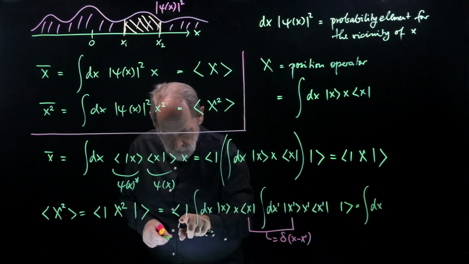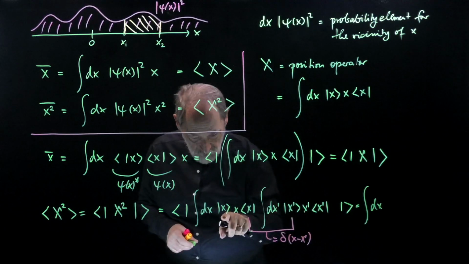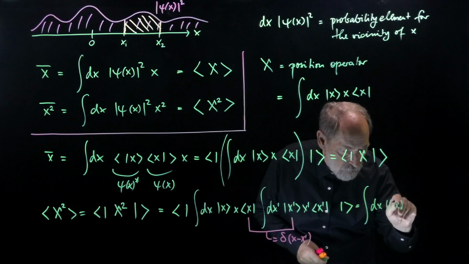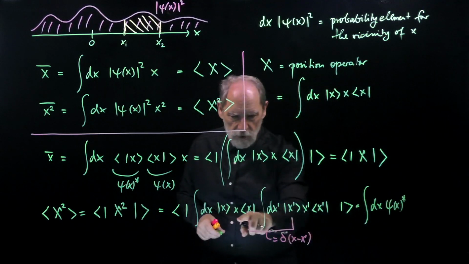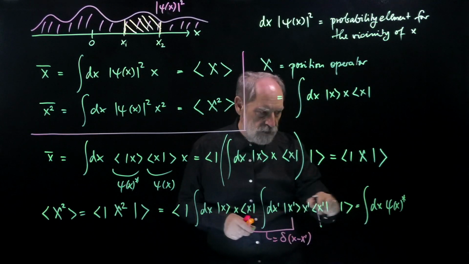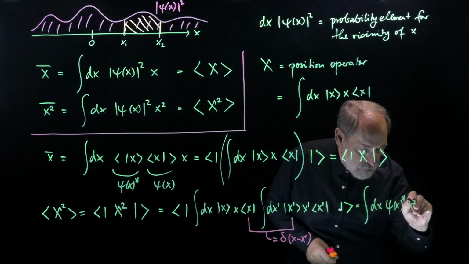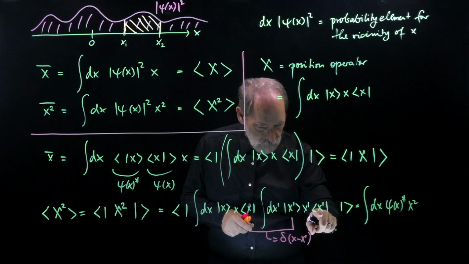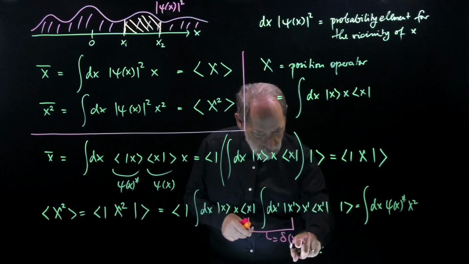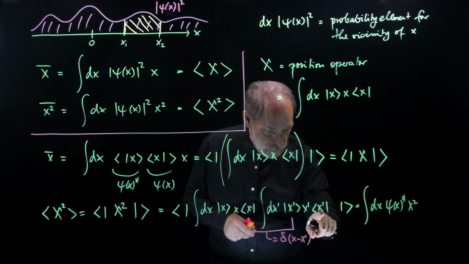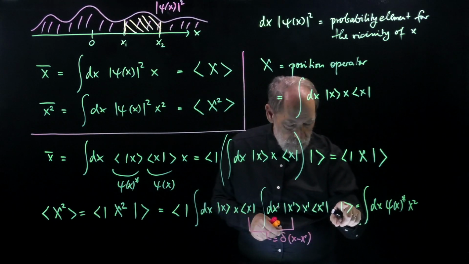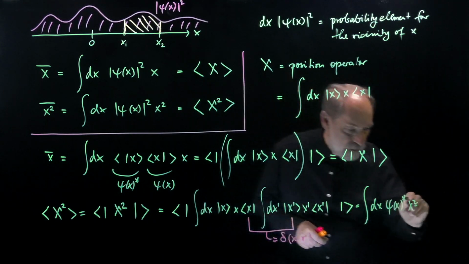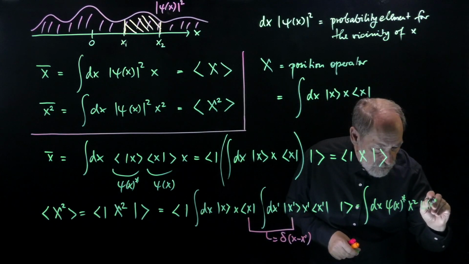The state bra together with the position ket, that's the wave function complex conjugate. Then we have an x, and this x prime becomes a second x. There's an x squared. And then we have the state bra x prime, but because of the delta function, this has become an x, together with the position bra for x and the state ket, and that's the wave function at x.